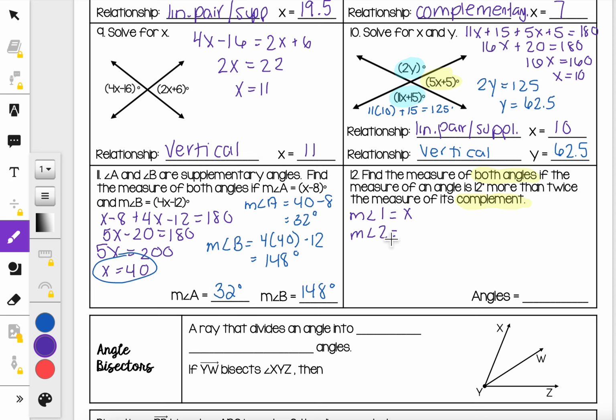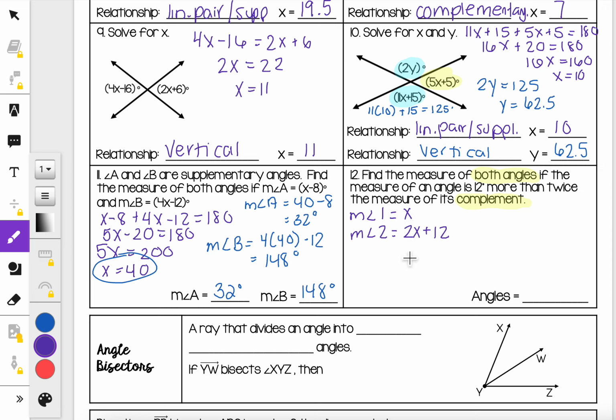So in other words, the measure of angle 2 is going to be 12 degrees more than twice the measure of angle 1. So if the measure of angle 1 was x, the measure of angle 2 is going to be 2x plus 12 because it's 12 more than twice the measure of angle 1, which is its complement.